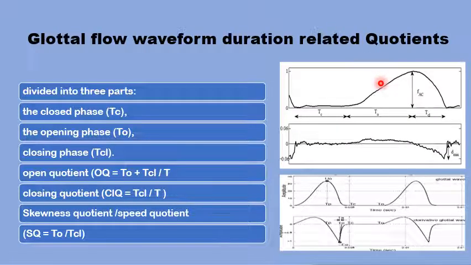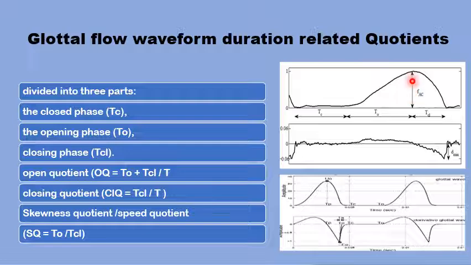Several parameters can be extracted from the glottal flow waveform, and these parameters can have some clinical implications. Some of these parameters are related to the duration of the phases of the glottal flow waveform.